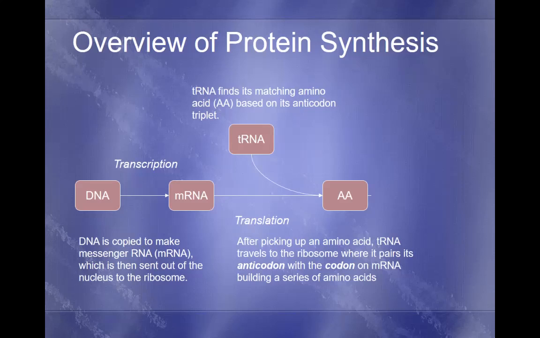It's going to head out to the ribosome, which is where translation, that we're going to talk about today, takes place. And in translation, mRNA is going to match up with another RNA molecule known as tRNA or transfer RNA, which is going to convert the message from RNA into the amino acids that are going to build our protein.